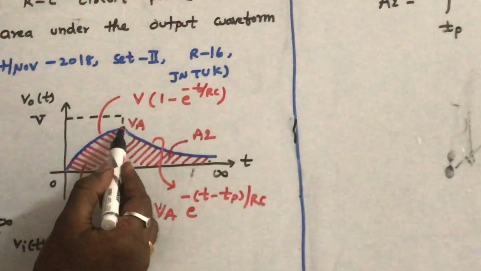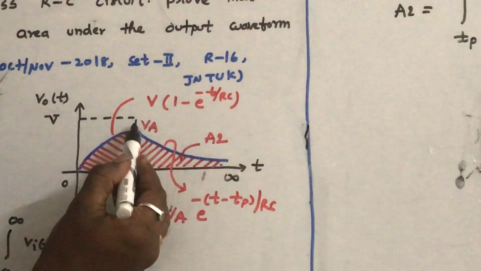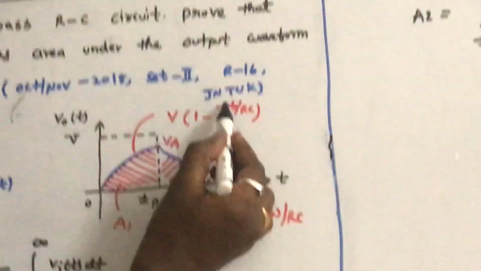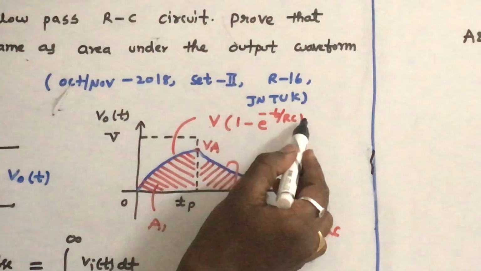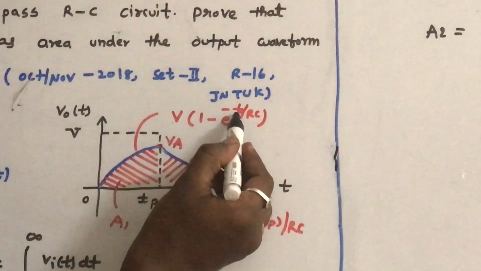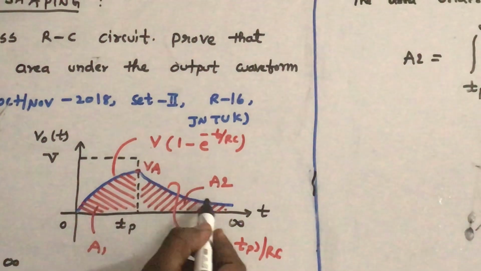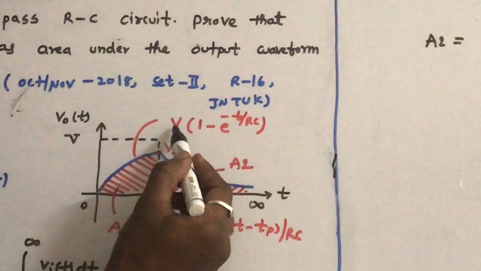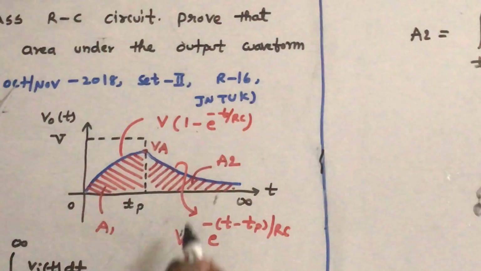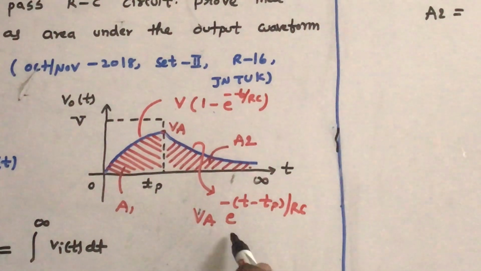So what is the amplitude Va? This is the nature of the graph. Va is nothing but V into 1 minus e power minus Tp by RC, if you substitute t is equal to Tp. So this amplitude Va is decreasing exponentially.